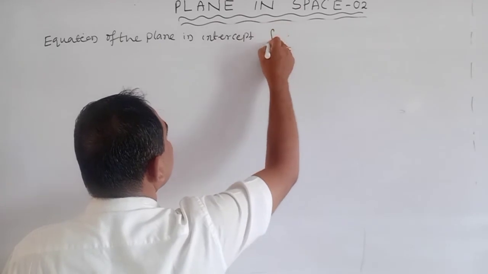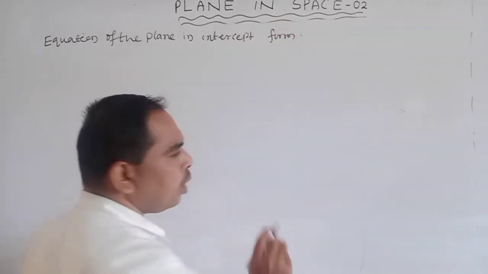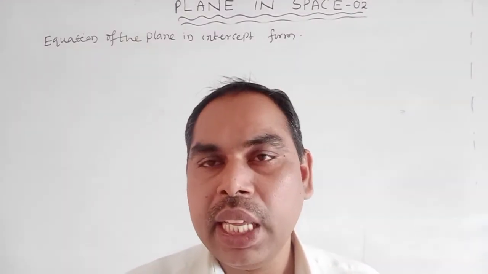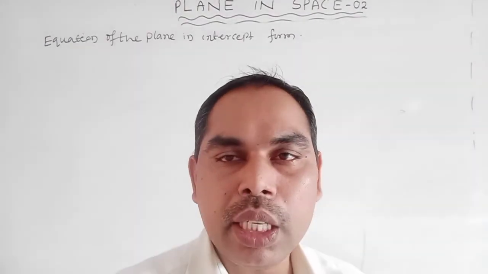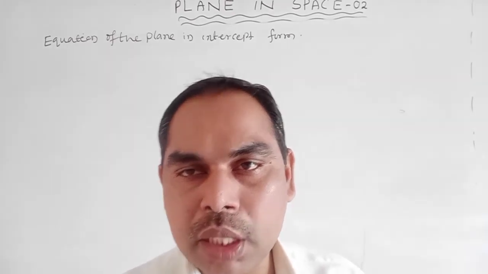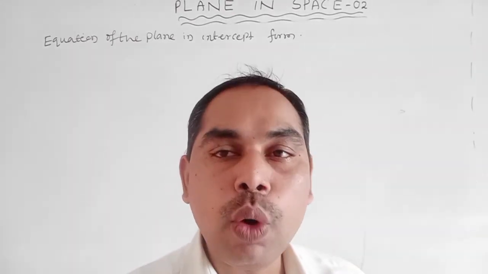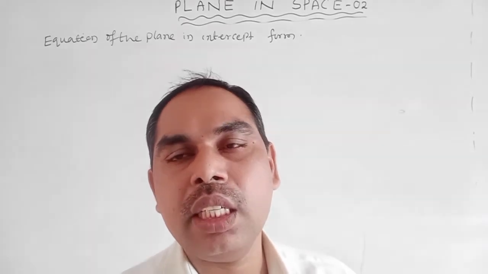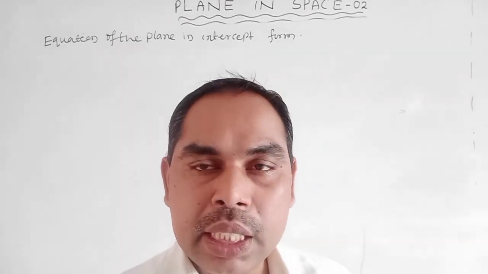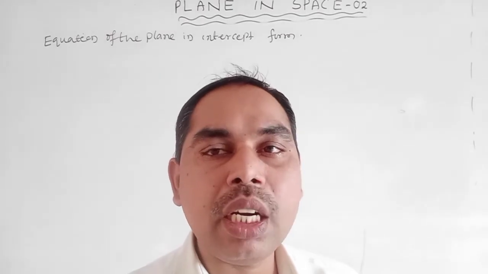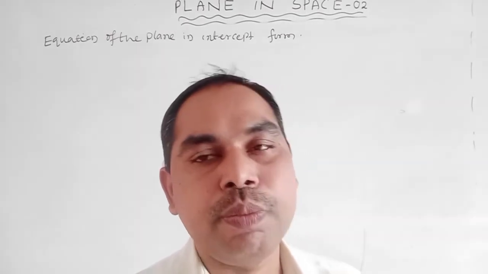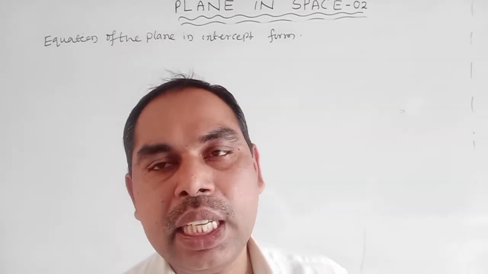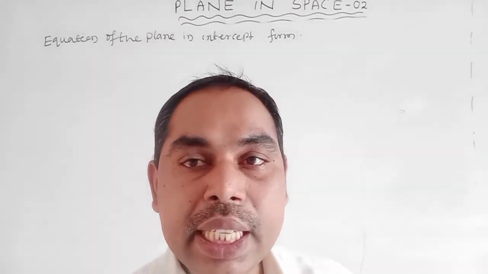Intercept means: the plane cuts the x axis at a point, suppose A, then OA is called the x intercept. The plane cuts the y axis at B, then OB is called the y intercept, and the plane cuts the z axis at C, then OC is called the z intercept.